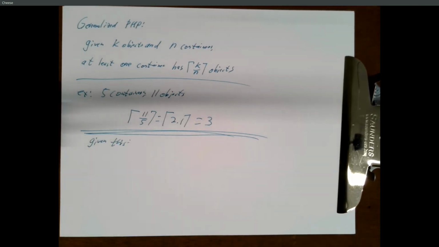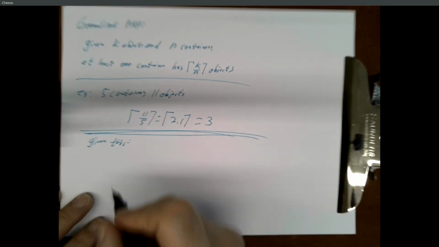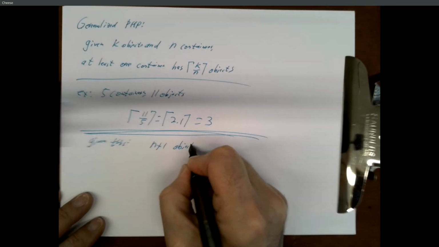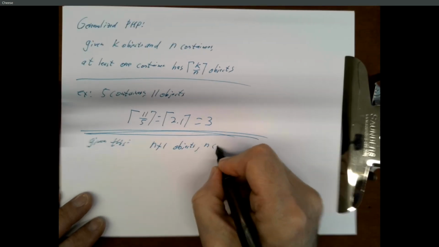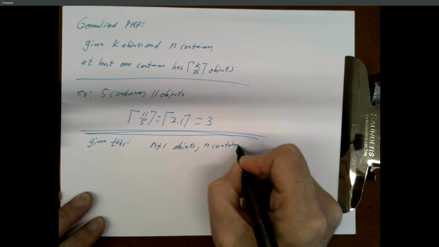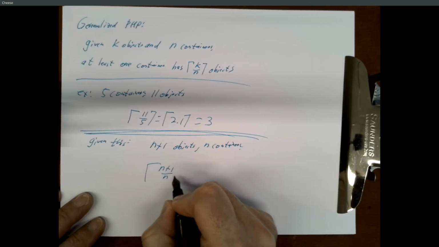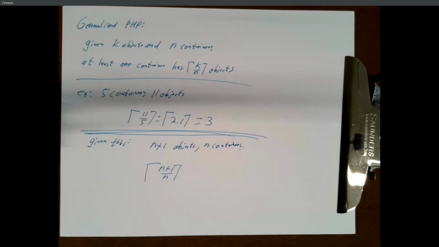And if you're given this generalized pigeonhole principle, what can you do? If you place n plus 1 objects into n containers, at least one container has ceiling n plus 1 over n objects. Well, what's the ceiling of n plus 1 over n? Depends on the integer.